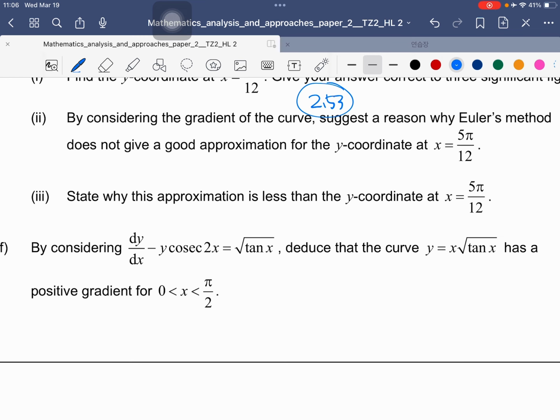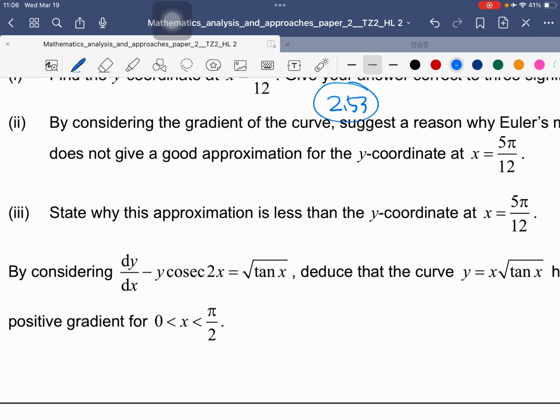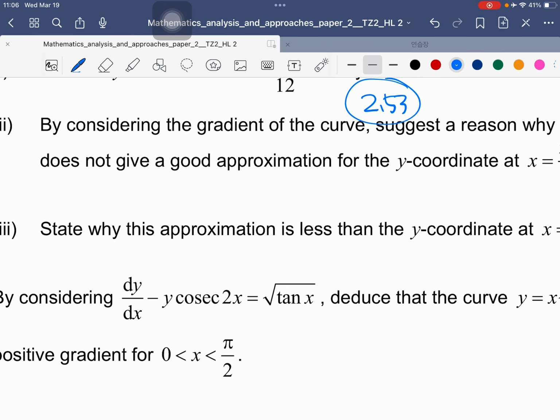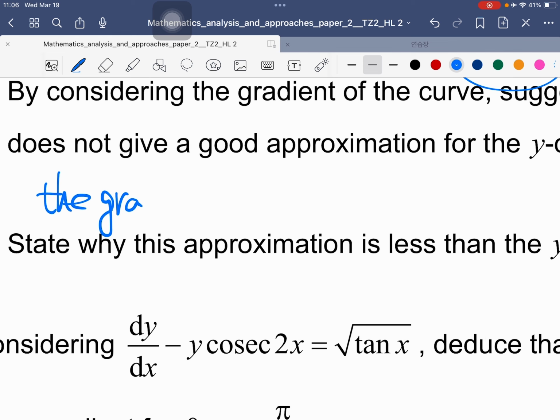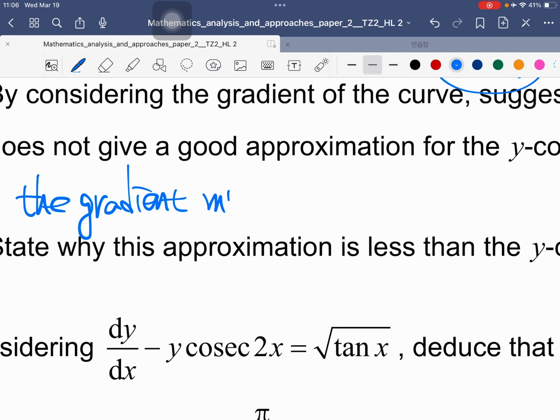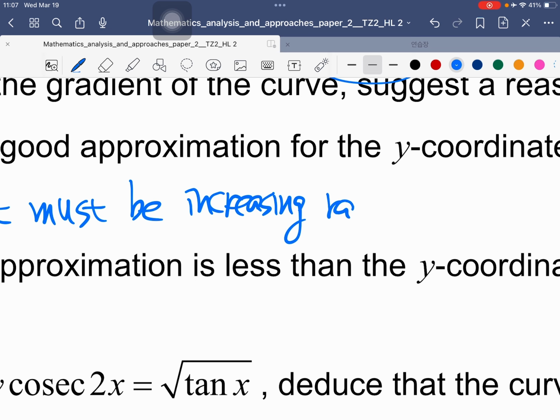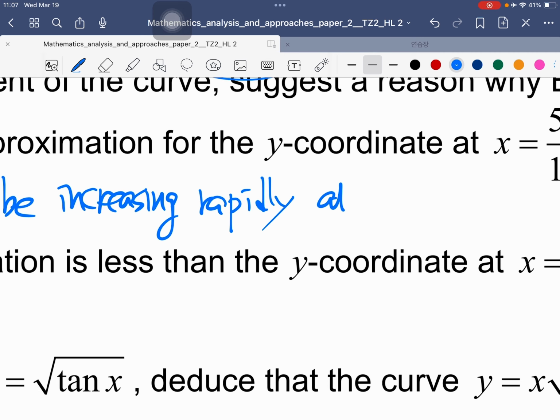So we can answer: the gradient must be increasing rapidly at x equals 5 pi over 12.